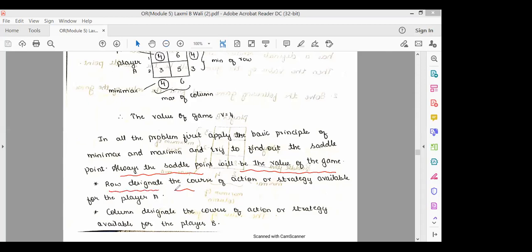Rows designate the course of action or strategy available for player A. So the first row was the first strategy of player A. Similarly, the second row was the second strategy of player A. Columns designate the course of action or strategy available for player B. So the first column designates the first strategy of player B and the second column of the payoff matrix indicates the second strategy of player B.